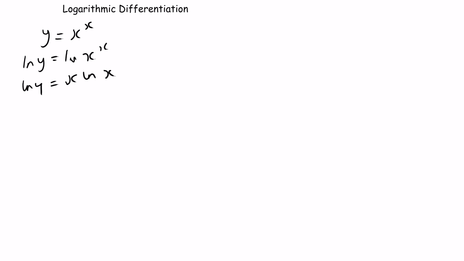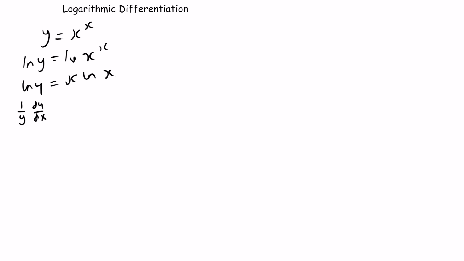And now we can differentiate. So the derivative of natural logarithm of y, and notice we're differentiating with respect to x, so it's going to be implicit differentiation, is 1 over y dy by dx.